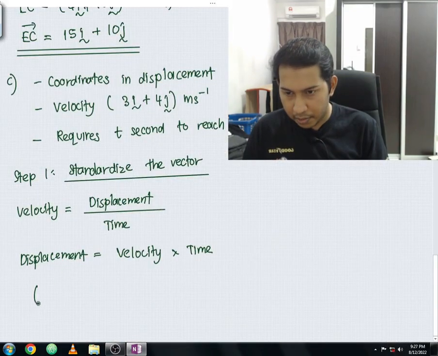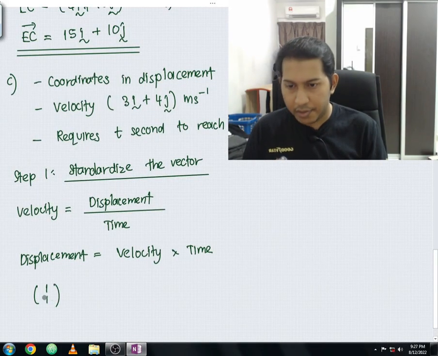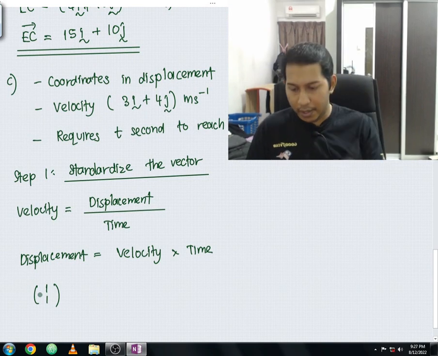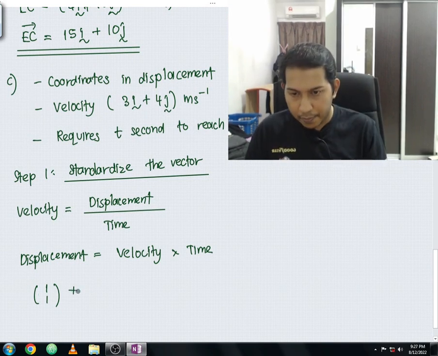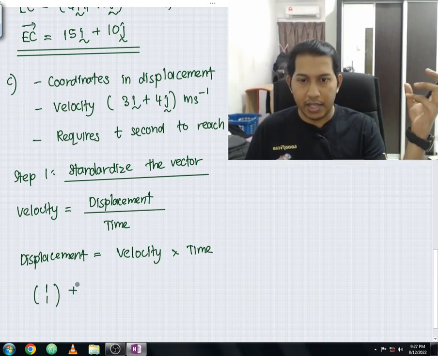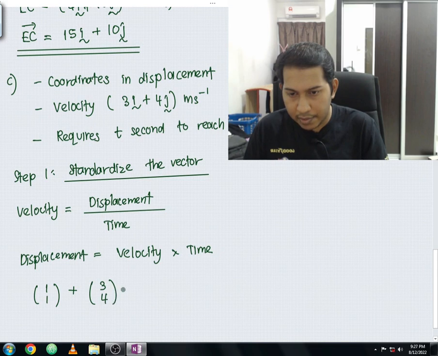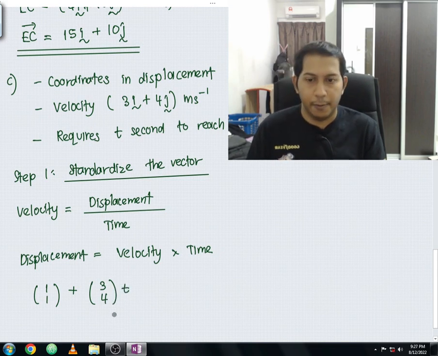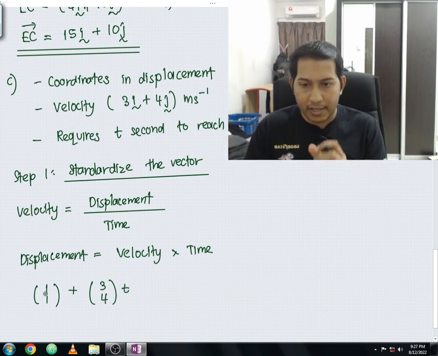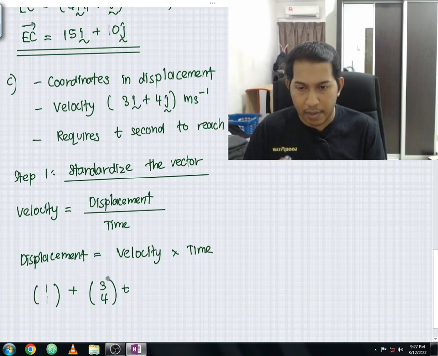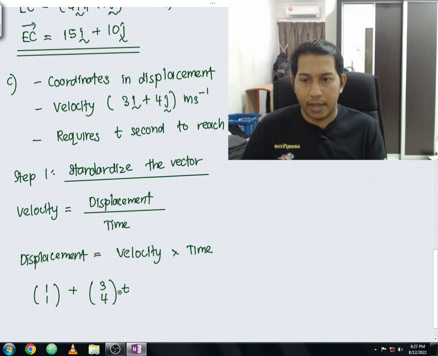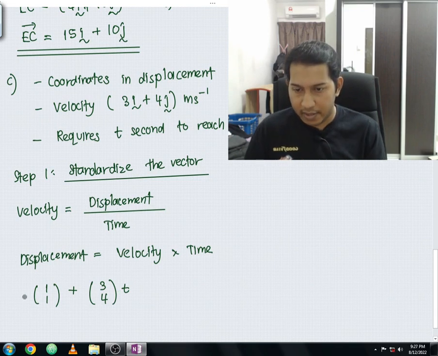So from here, point E, you write the ij form 1 1 plus the velocity times the time, so 3i plus 4j times the time t. These two you add together; velocity times time gives the displacement, and this is also a displacement.